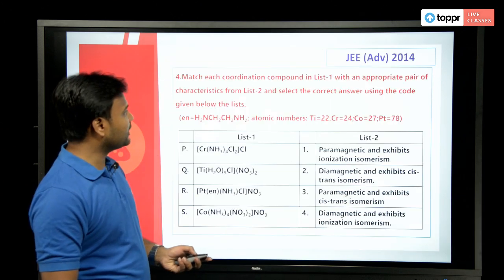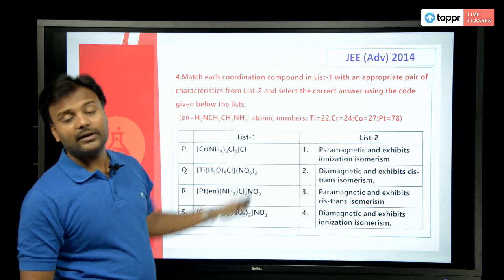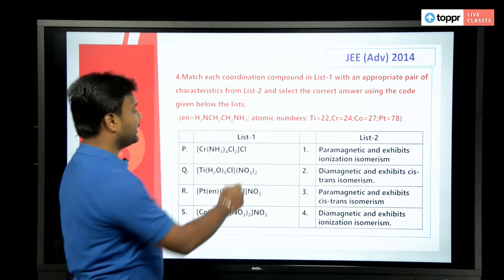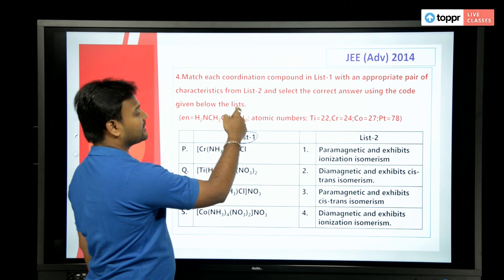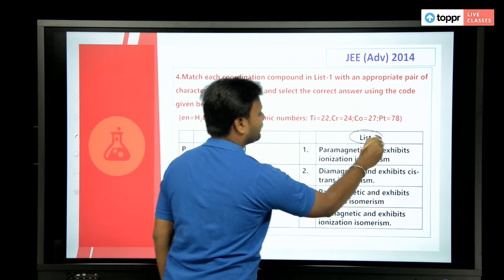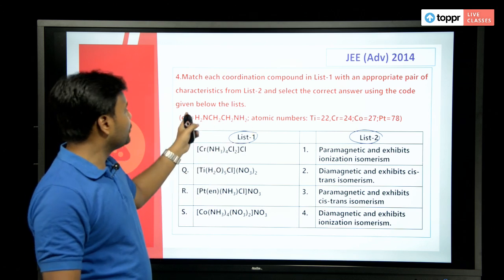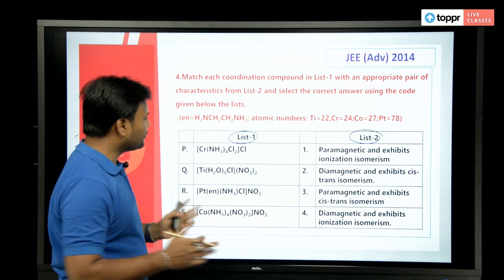Moving on to the next question from JEE Advanced 2014. Look at this question. Match each coordination compound in list 1 with an appropriate pair of characteristics from list 2 and select the correct answer using the code given below the list. So, what is the list given to you?